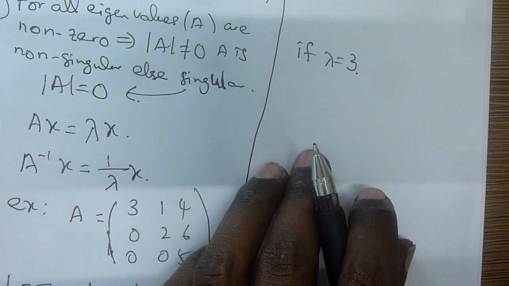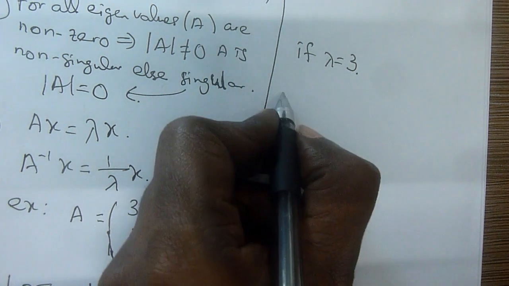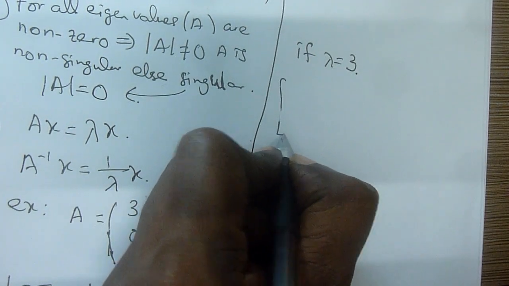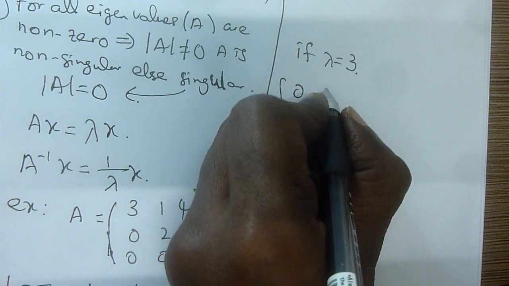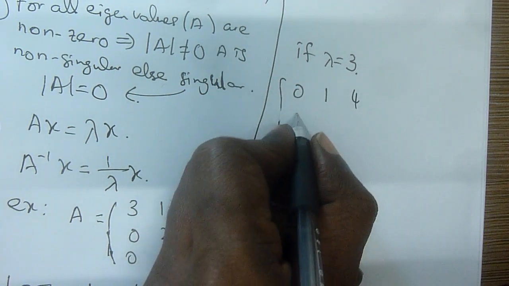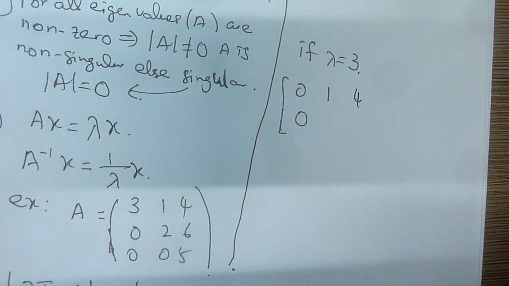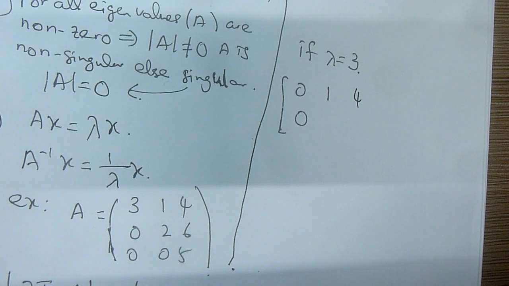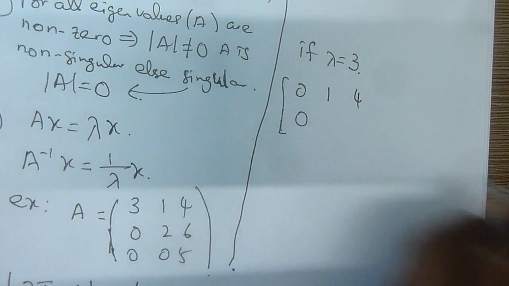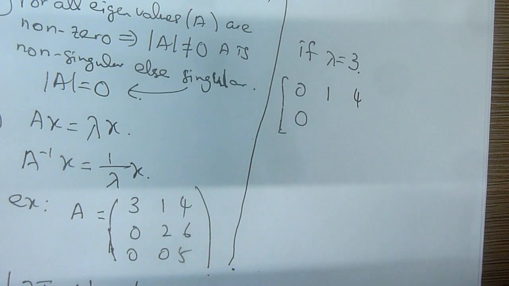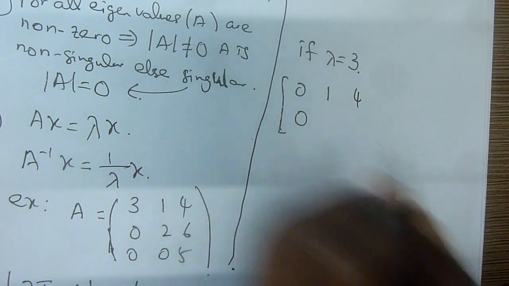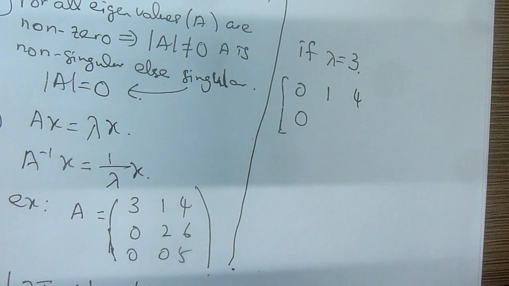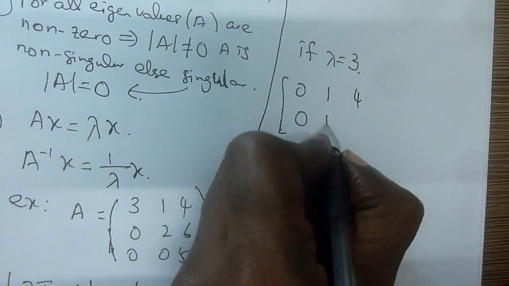Therefore, if lambda equals 3, the first row becomes 0 1 4, 0, negative 3 means it is 1, still no problem. Your logic will not be affected.